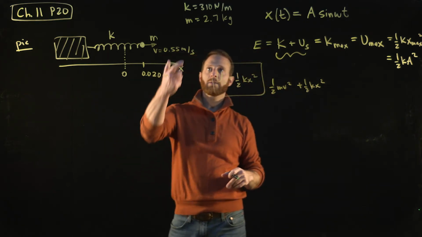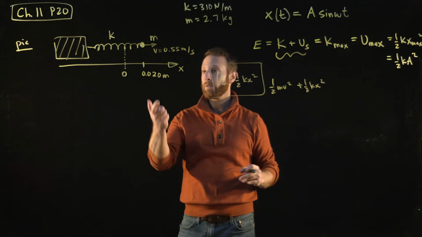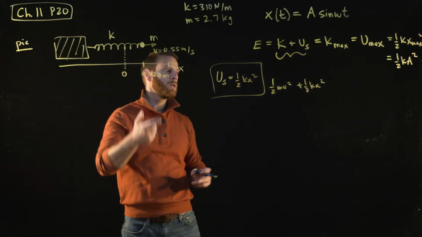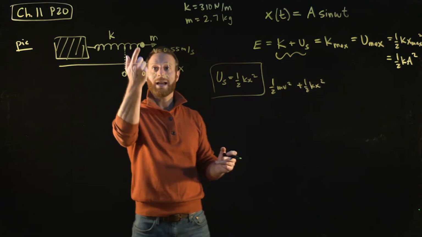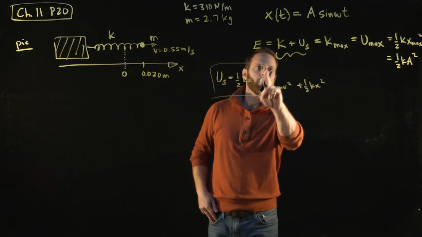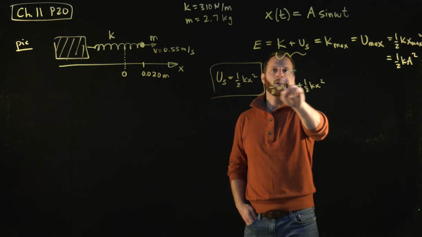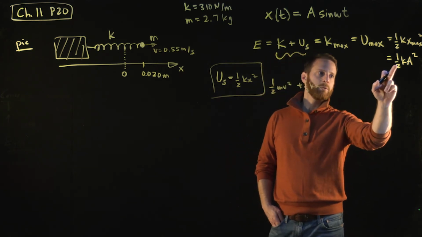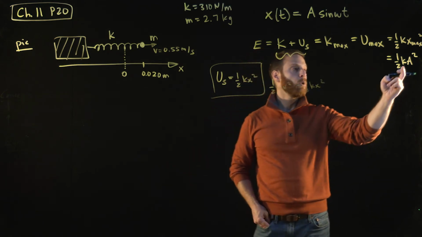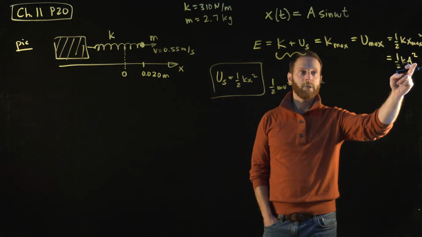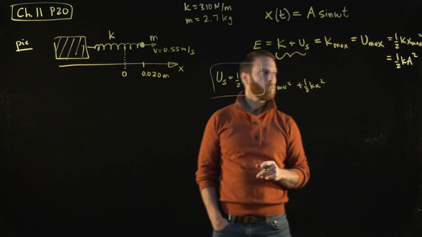Do we have a mass? Yes. Do we have a speed? We have one speed when it's at this location. Do we have a spring constant? We do. Do we have a position? We do, at the same location. So we have all the information we need to calculate the total energy. That would be set equal to 1/2 times the spring constant, and the only unknown quantity will be A, which we can now solve for.